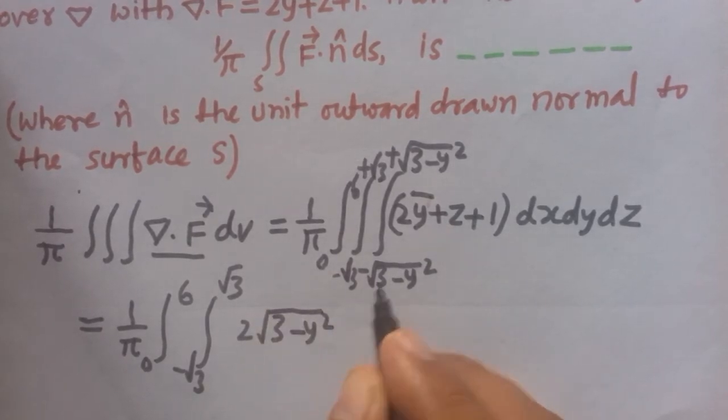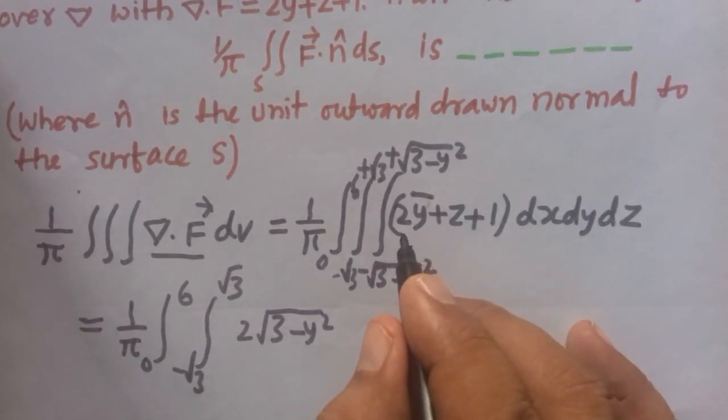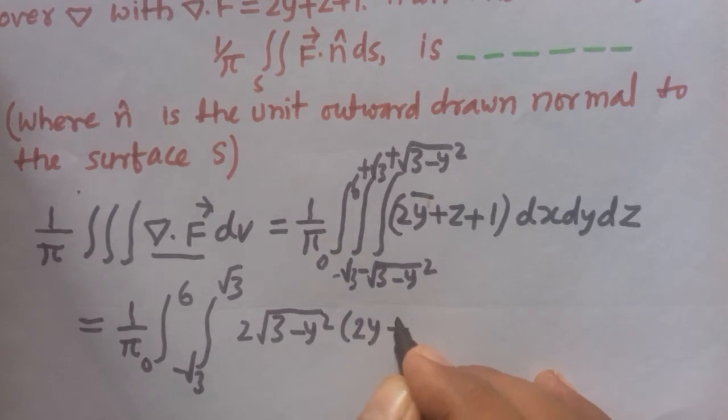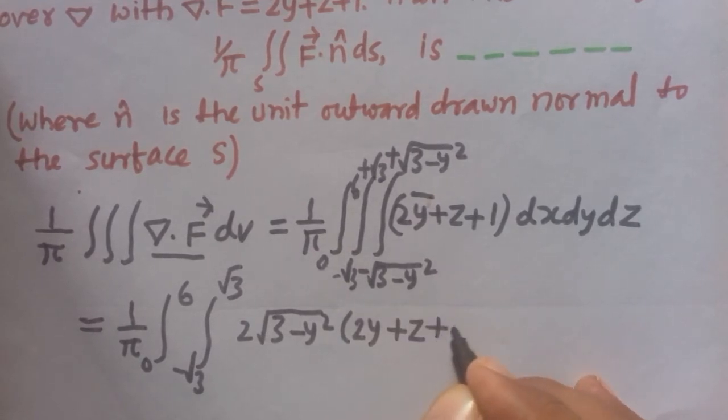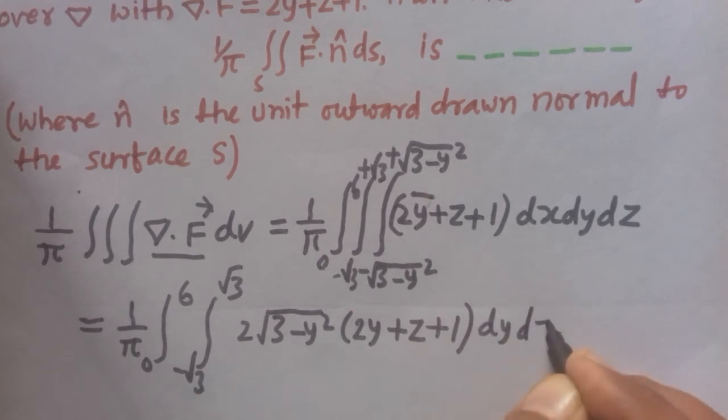So we have integrated with respect to x. Now the remaining is 2y plus z plus 1 and dy dz.